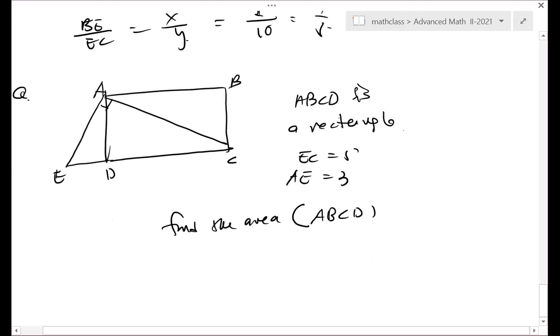All right, so can you do that? So this side is 3 and this side is 5, okay?